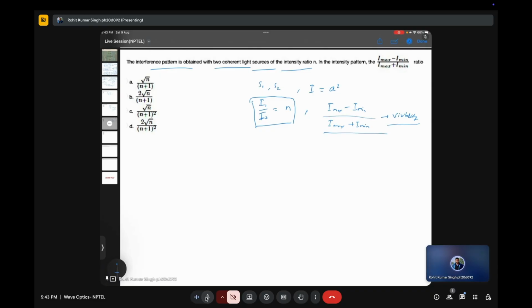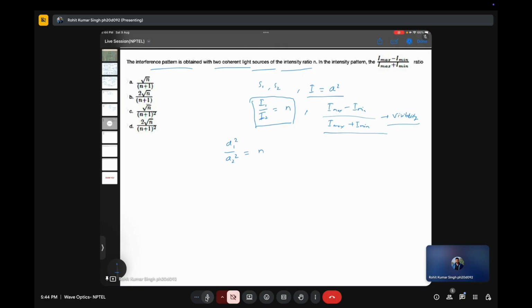Intensity is amplitude square. Maybe we'll write I1 by I2 as A1 square by A2 square. Then we'll find the resultant amplitude. That is fine.